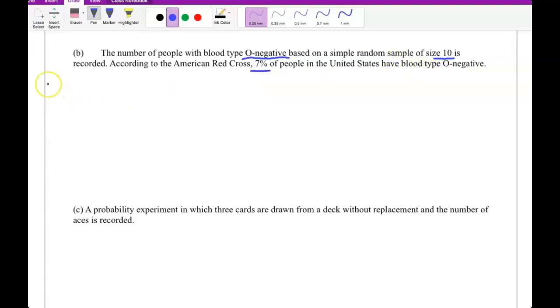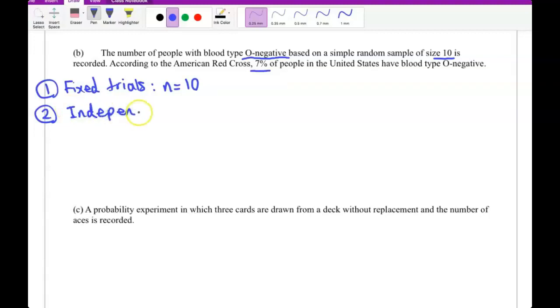Again, starting from the first step, do we have a fixed number of trials? Yes, because this is a random sample of size 10. So fixed number of trials, N is 10. Then step 2, here again we have independent trials.